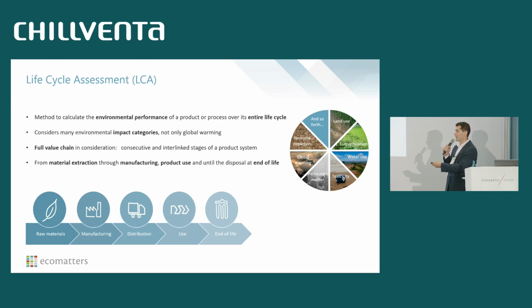So that's starting at the raw material acquisition, then the manufacturing stage, moving on to the distribution to the customer, and there it is used in its operation, and then in the end it's discarded at end of life and treated as waste. So for that full life cycle and for all of these stages, we're looking at impacts, and we're quantifying those in multiple different impact categories. So you can see on the right, it's not only climate change, it's also land use, eutrophication, water use, etc.